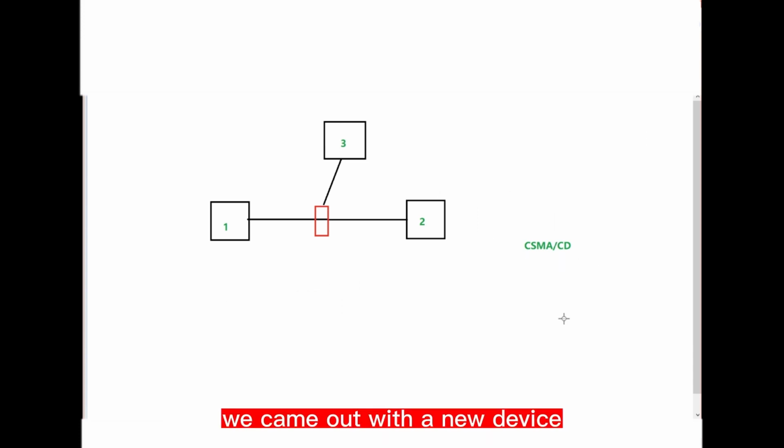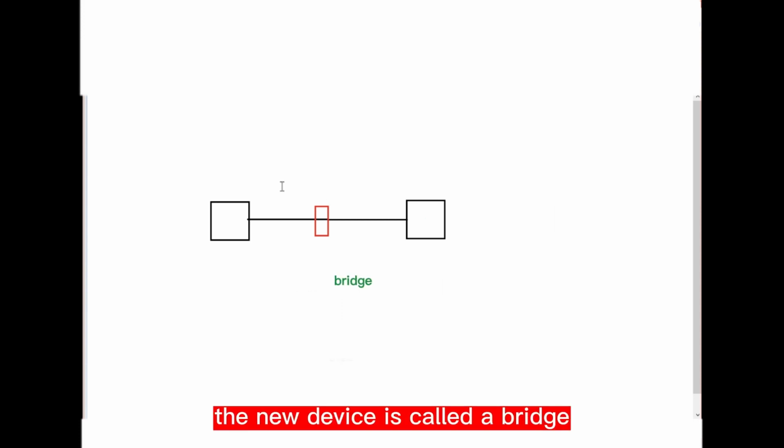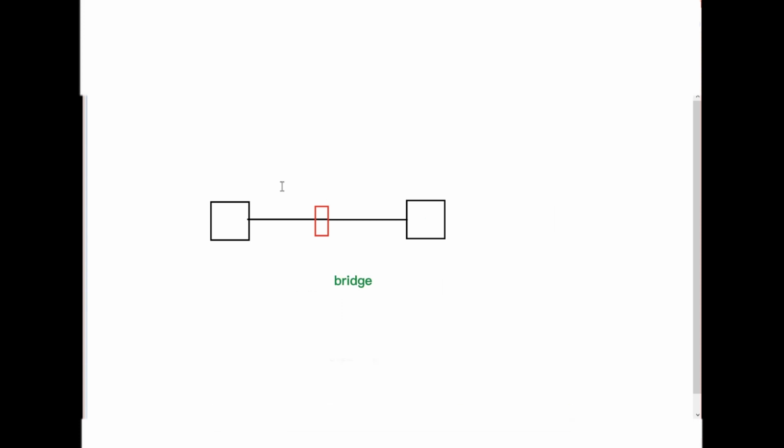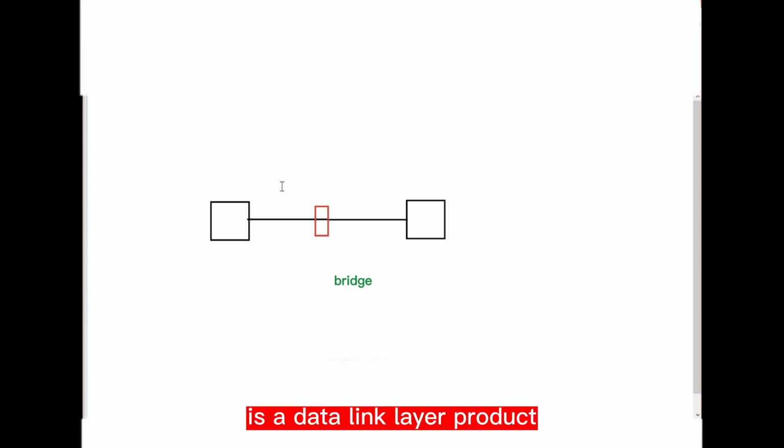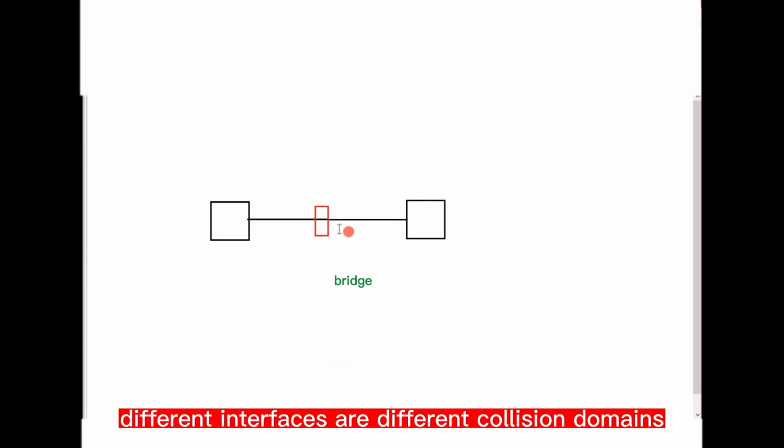We came out with a new device. The new device is called a bridge. A bridge is a small switch. You can understand it as a data link layer product, working on the second layer. The bridge has two interfaces. For the bridge, different interfaces are different collision domains.